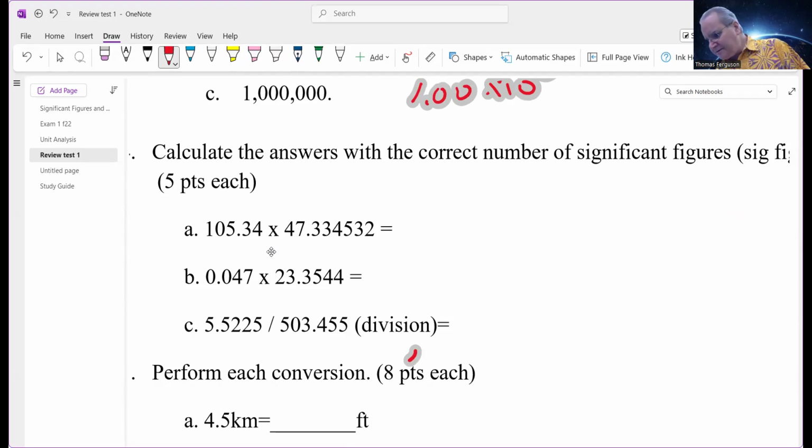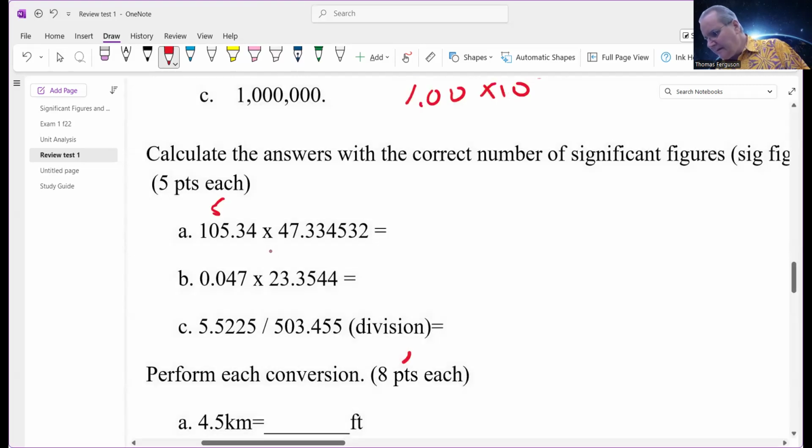We have 5 sig figs. And we have a whole bunch here, 2, 4, 6, 8. So our answer is going to have 5 sig figs.